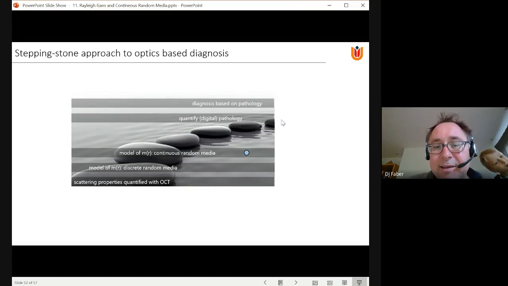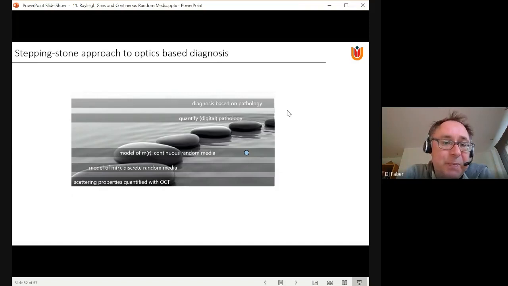So on that side, the research that we do is we have all this pathology, we digitize it, and then we try to extract as much information as possible from these digitized slides. So as much information as possible that we think might be causing changes in scattering properties.